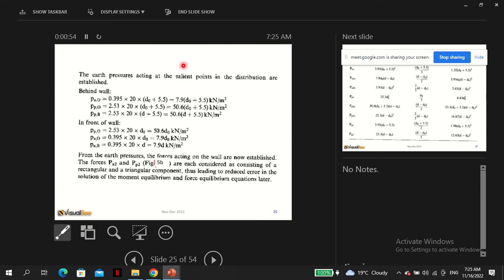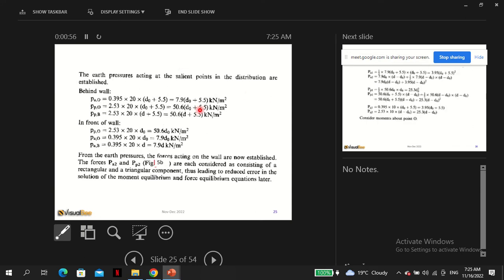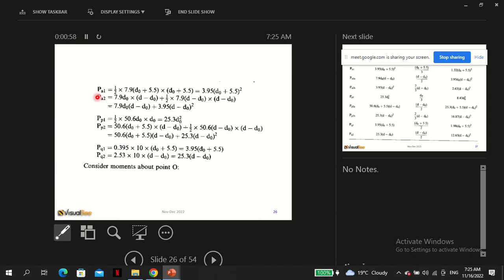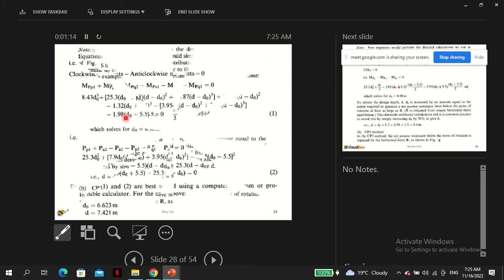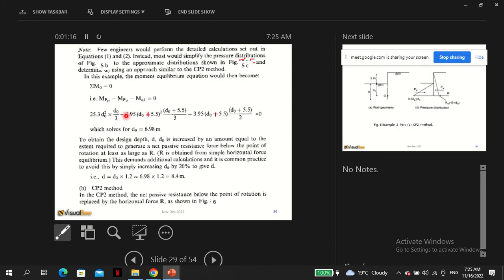So this is the more complex version of the equations, which is not required, but it is presented here for you to see the accuracy with which you can solve. Now if you use the simplified version, then you only need this.